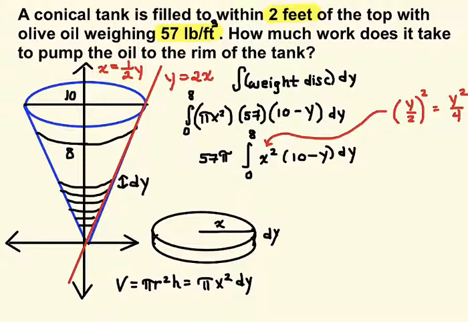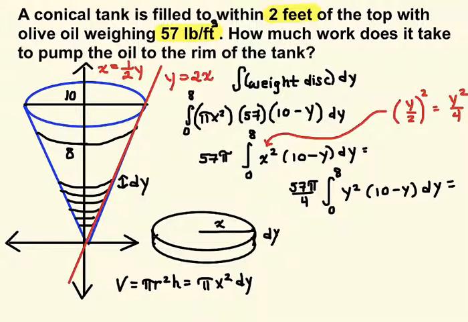So what do I end up with? Well, I can pull the 4 out. It's a constant, right? So this is going to be equal to 57 pi over 4 times the integral from 0 to 8 of y squared times 10 minus y dy.